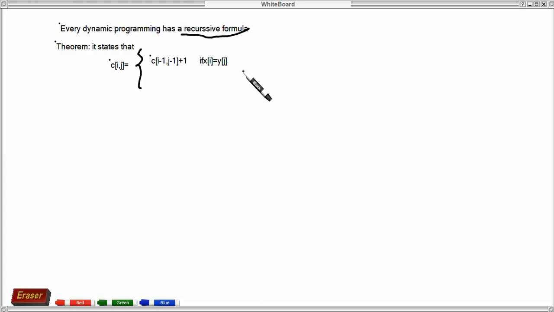If this happens, that means C[i][j] equals C[i-1][j-1] plus 1. This is the thing.